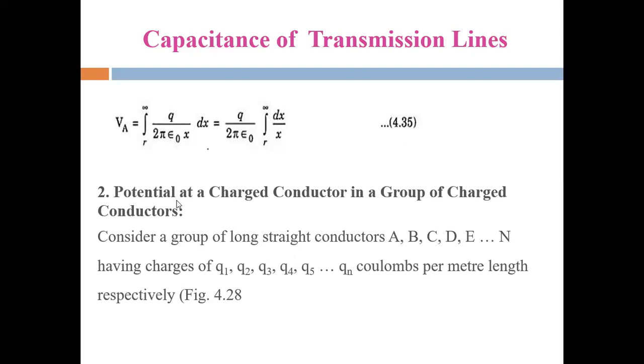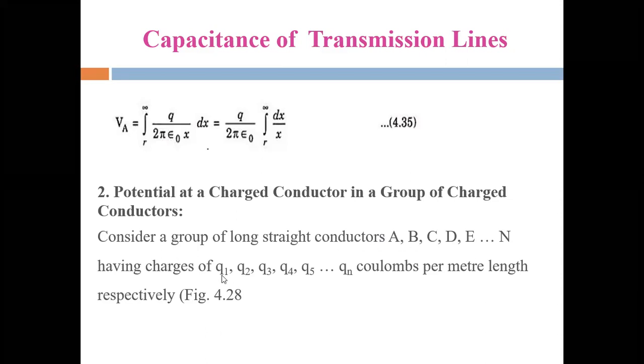Consider a group of long straight conductors A, B, C, D, E and so on up to N. In the previous case we took only conductor A and calculated the potential VA, but in this case we are taking N number of conductors.